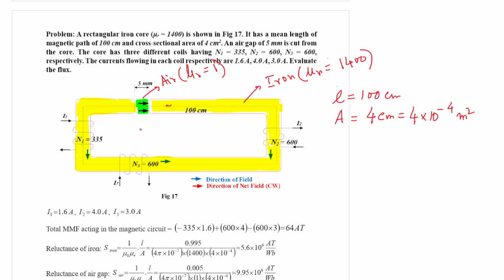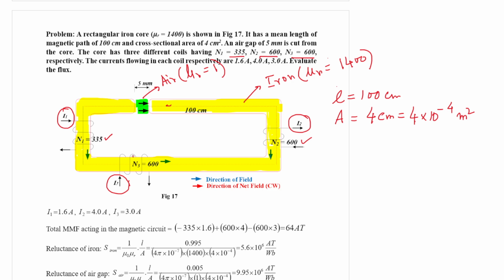Now there are 3 coils. The 3 currents are flowing, I1, this is I3, and this is I2. And we have the number of turns as mentioned. N1 is equal to 335, N2 is equal to 600, and N3 is equal to 600.